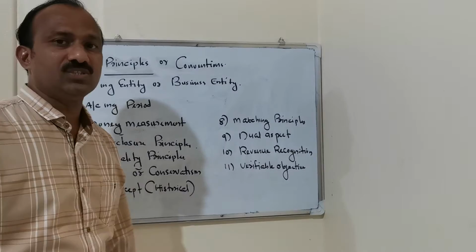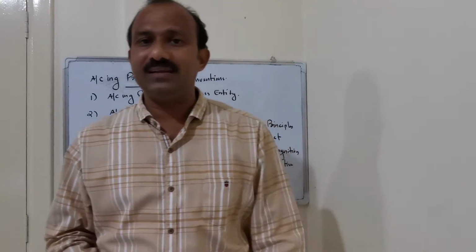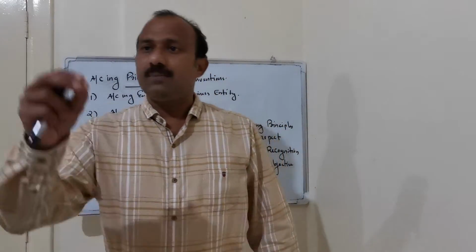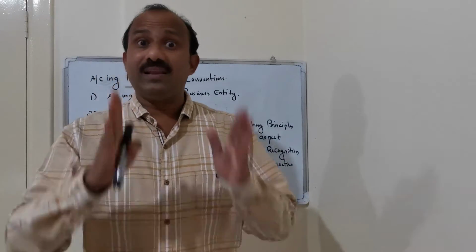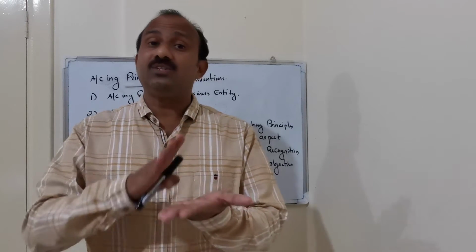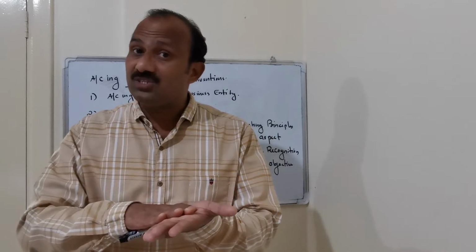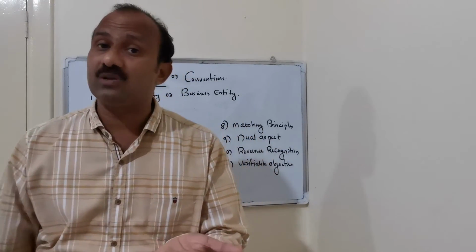Then the last point is verifiable objective. You are the accountant of an organization. You are recording daily n number of transactions in the books of account: paid rent, paid salary, paid electricity, paid telephone. Whenever you are recording any transaction in the books of account, there should be a supporting document. Without supporting documents, without proper records, you cannot pass any transaction in the books of account.